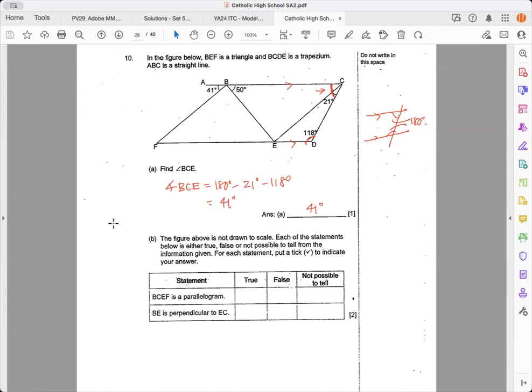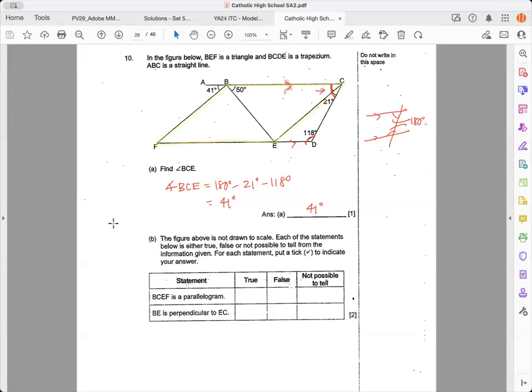Now, let's look at part B. BCEF is a parallelogram. For a four-sided figure to be a parallelogram, they must have two sets of parallel lines.